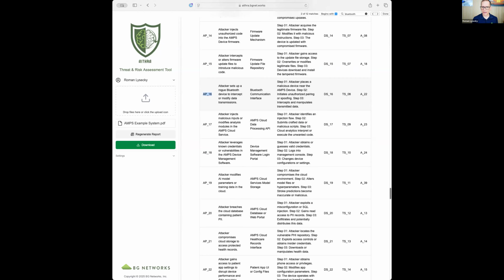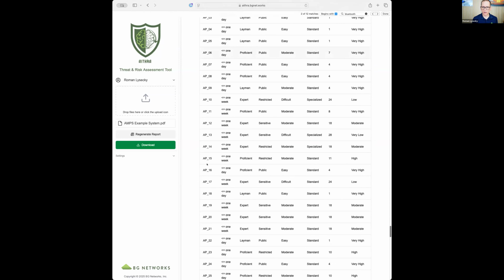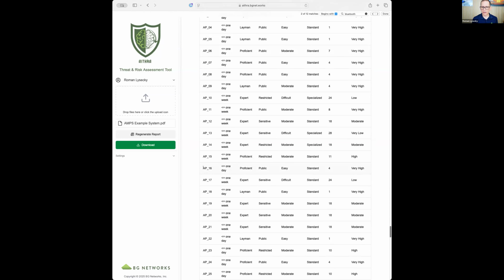So for that attack path, there'll be a rating, of course, of the exploitability here. Bluetooth, there's a lot of standard off-the-shelf tools you can use to intercept data. So it's actually a pretty easy attack to be able to intercept data if you don't have any security protections. And again, that's our assumption.